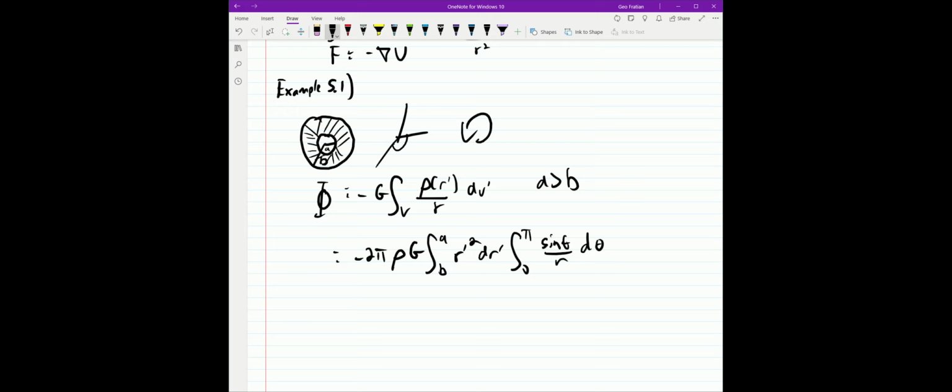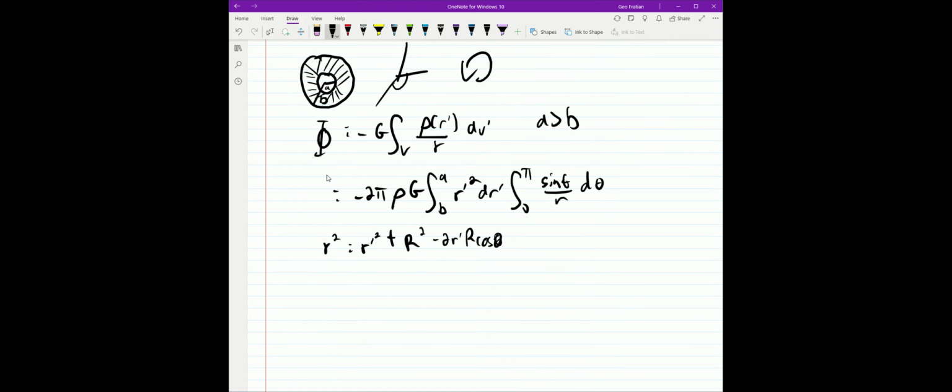And then we can use the law of cosines to simplify this, since r squared is equal to r prime squared plus R squared minus 2 r prime R cosine theta. And since big R is constant, we can differentiate this equation for r to get 2r dr is equal to 2 r prime R sine theta d theta.